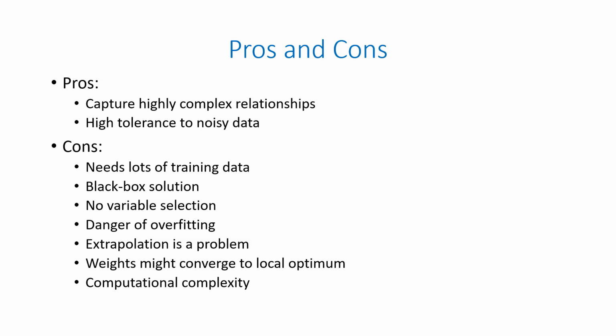Fourth, the biggest danger of neural networks is its tendency to overfit, as we discussed before. This is also related to the fifth limitation that states that extrapolation is problematic sometimes for neural networks. If the model has only seen records in a certain range, then its prediction outside this range can be completely invalid.